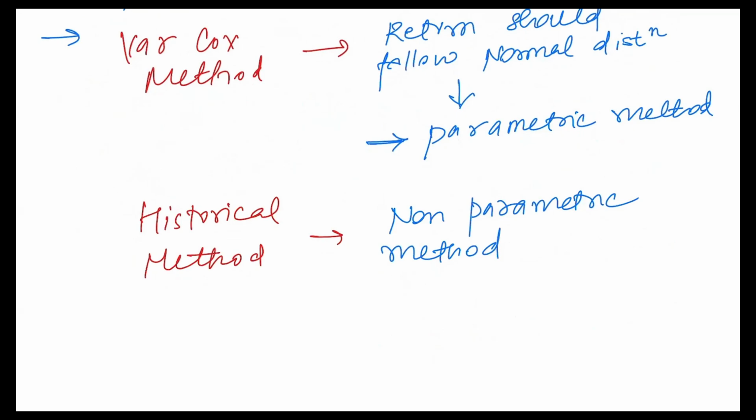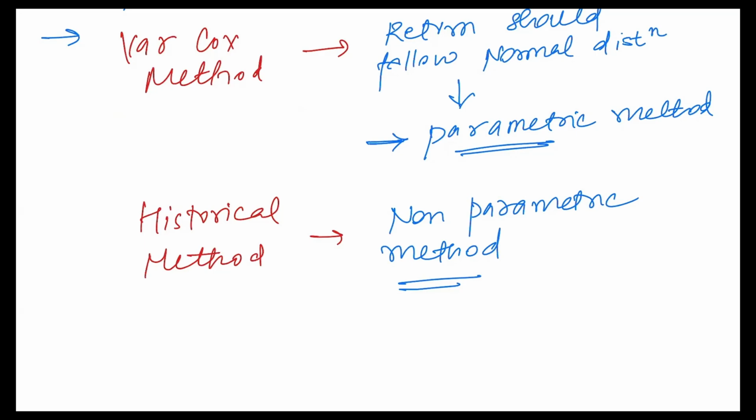Just to make you understand, whenever we make assumptions on the data, it is parametric, and whenever we don't make any assumptions on the data, it is called a non-parametric method.